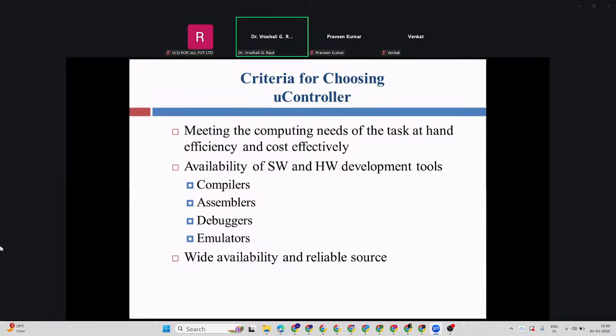So some other way has to be adopted, like doing some courses or going to particular classes where you can handle those costly software and hardware. So in the case of a microcontroller, we also need to check for the software and hardware development tools. And what are those? Those are compiler, assembler, debugger, and emulator.